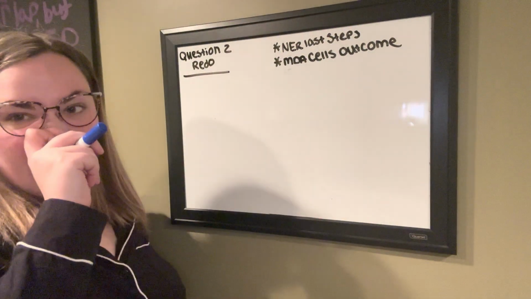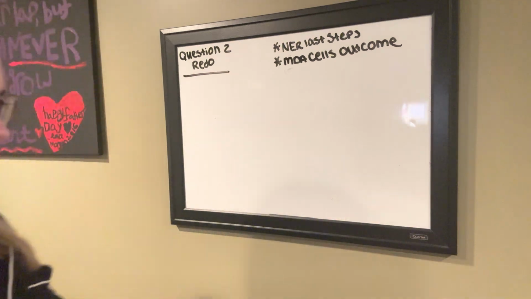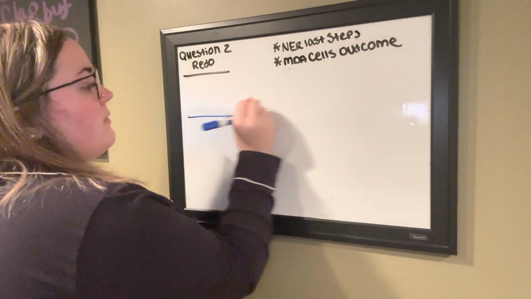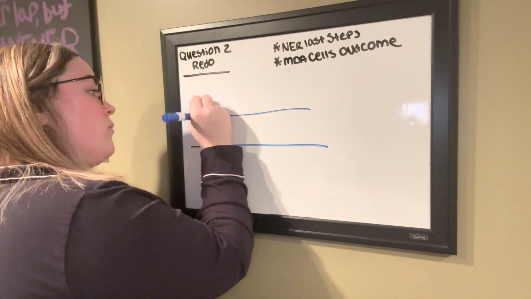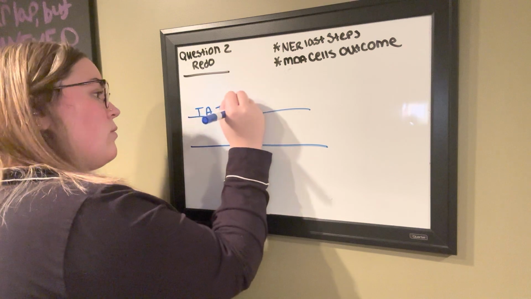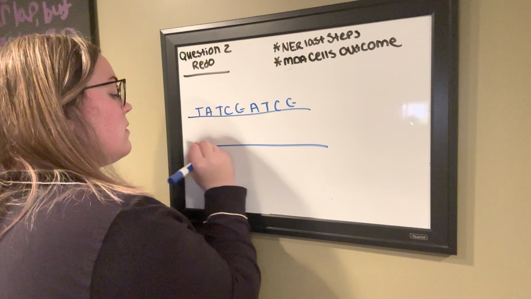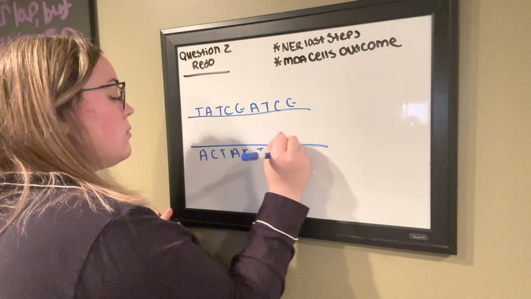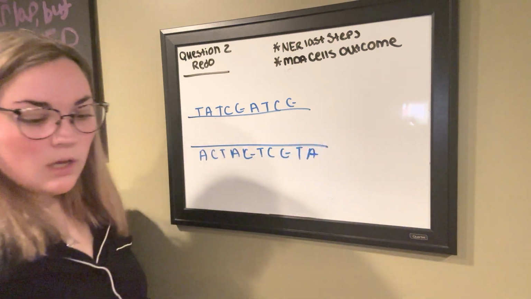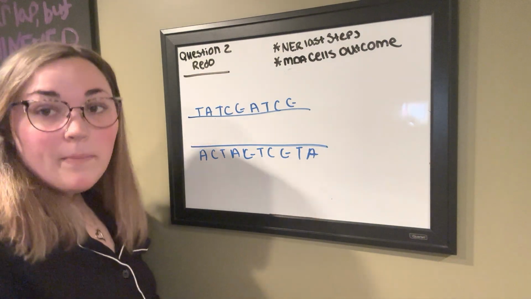So first, for nucleotide excision repair, like we said in the last video, it's similar to mismatch repair. Say we have a sequence here, just making one up, and it was hit by UV.